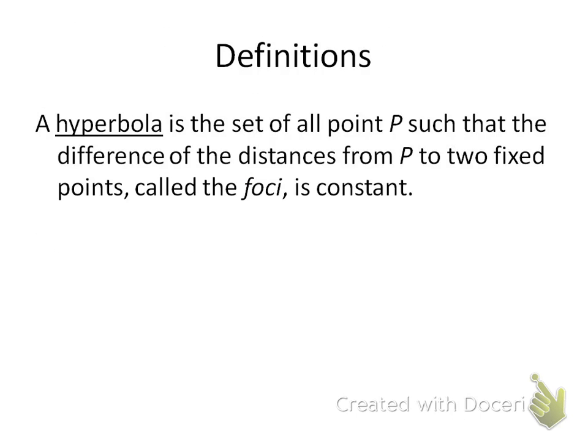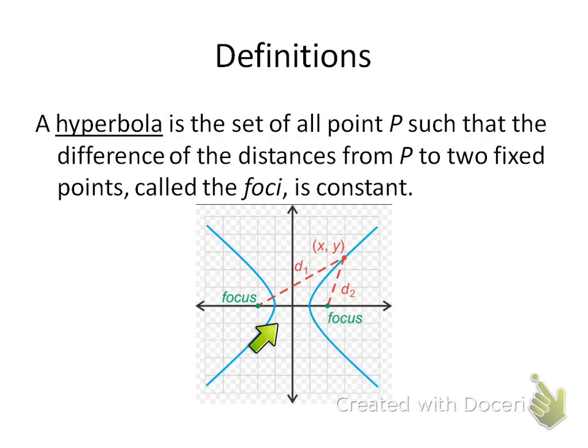Let's get these definitions down today. A hyperbola is the set of all points P such that the difference of the distances from P to two fixed points, called the foci, is constant. So any point on this hyperbola, here's what I mean by D1 and D2.